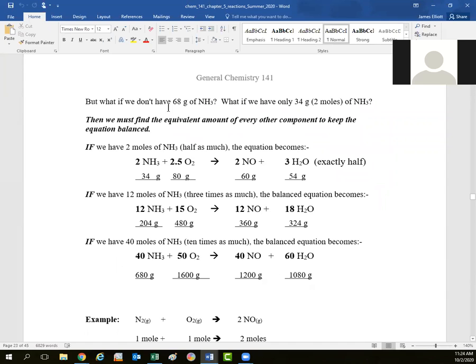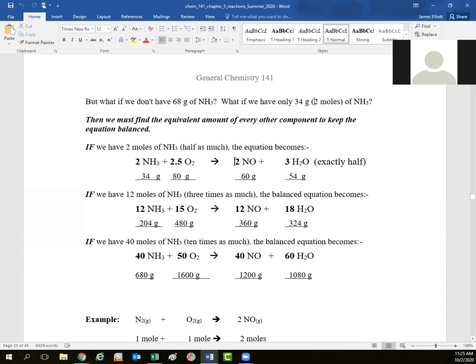So if we were trying to perform the reaction with a different amount of ammonia, let's say just 34 grams instead of the 68 that we normally use, that's just half the amount, that's just 2 moles. So with a 50% capacity for ammonia, we could only use 50% of the oxygen, 2.5 moles instead of 5.